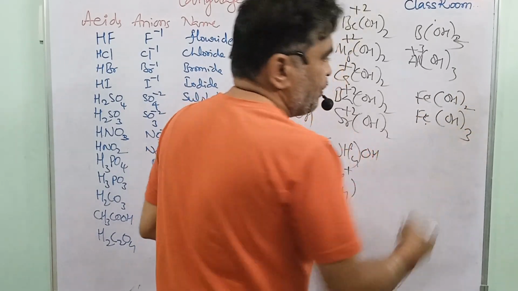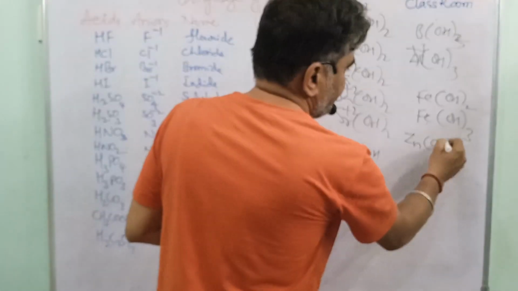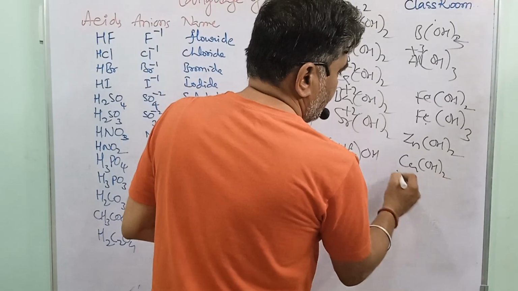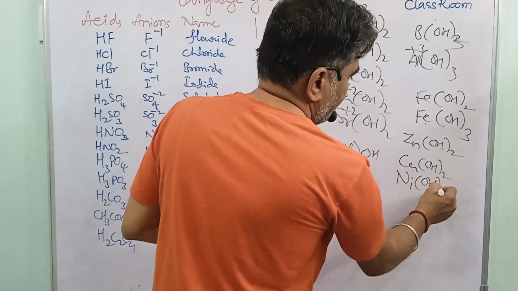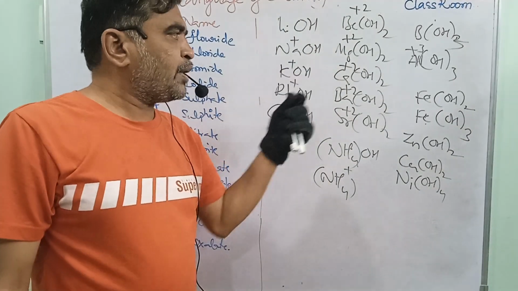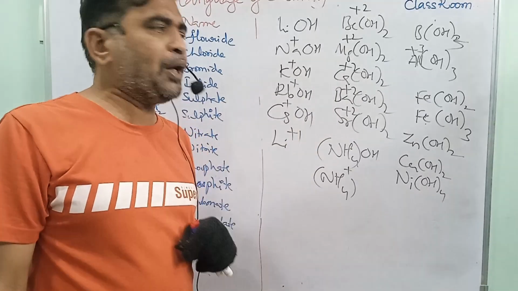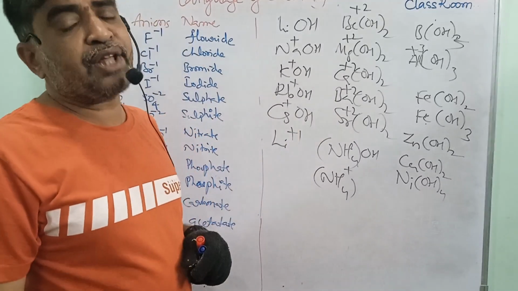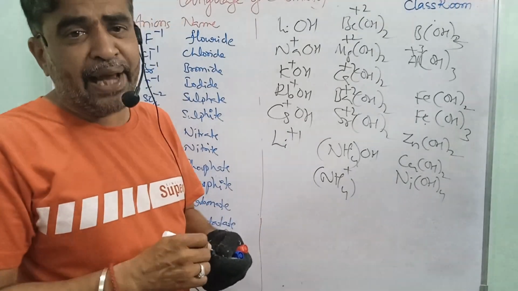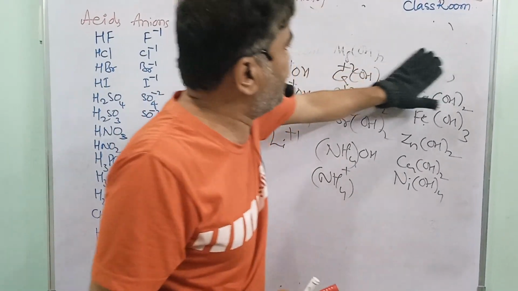Here we are forming two types of hydroxides, and zinc hydroxide and copper hydroxide, nickel hydroxide. Like that you are forming. So the first group, second group, at most third group elements, and d-block elements are forming the bases. From the base you are getting the cations. Like that the cations and anions are introduced.